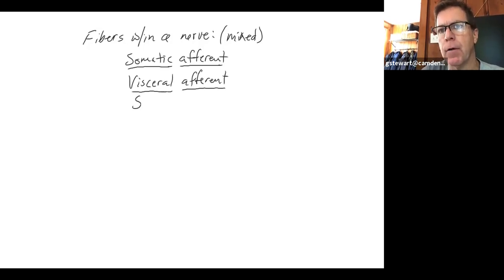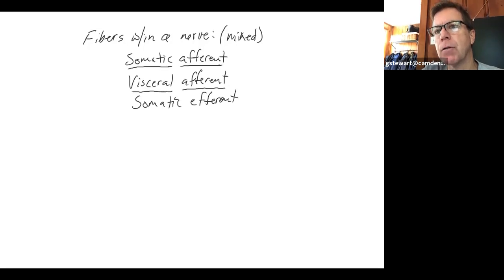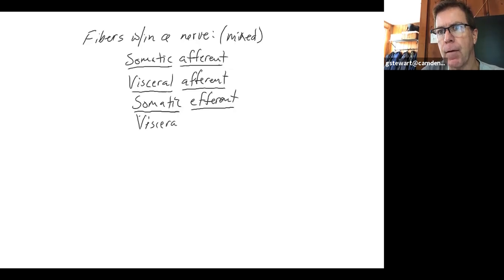We also have somatic efferent fibers. Just to review the language, somatic means external environment. Efferent means impulses transmitting away from the central nervous system. So these would be to things like skeletal muscles. And finally, there are visceral efferent fibers.